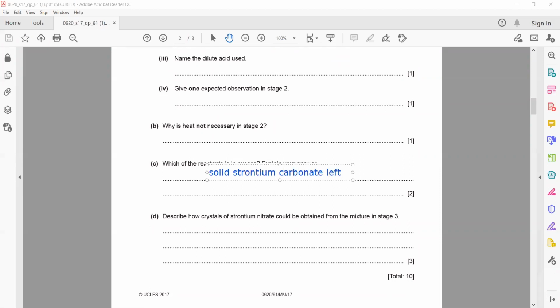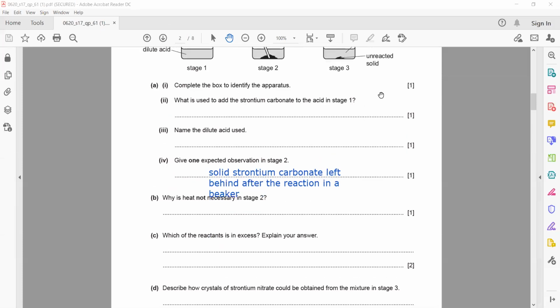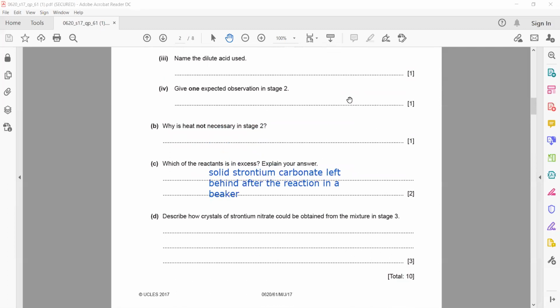Describe how crystals of strontium nitrate could be obtained from the mixture in stage 3. In stage 3, first we have unreacted solid, so first we have to remove this unreacted solid. Filter to remove the unreacted solid. That is one thing.